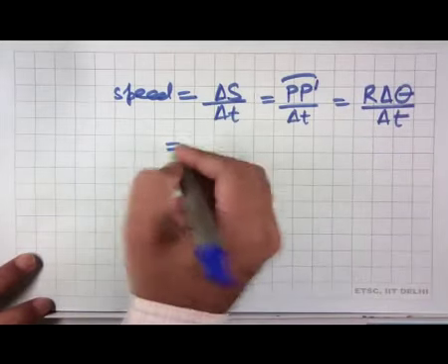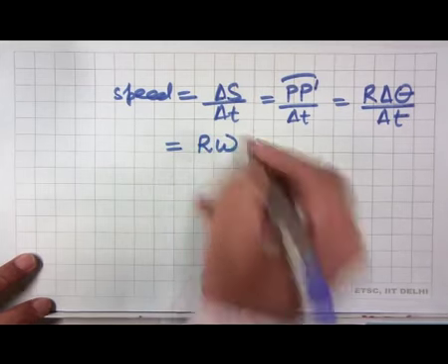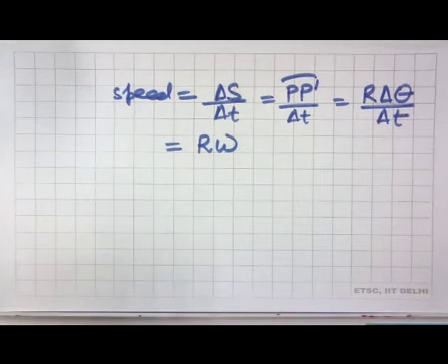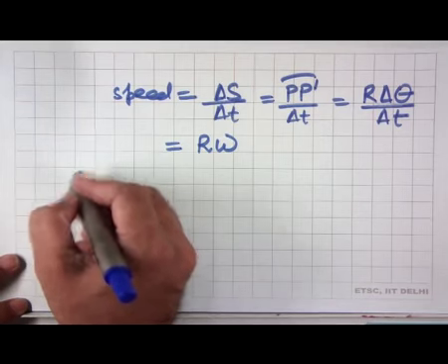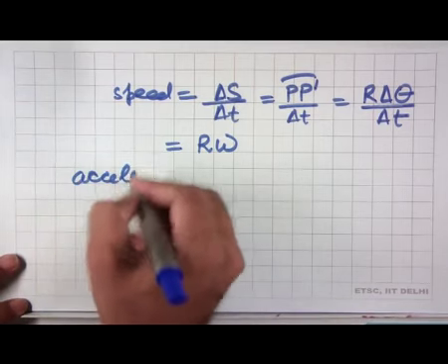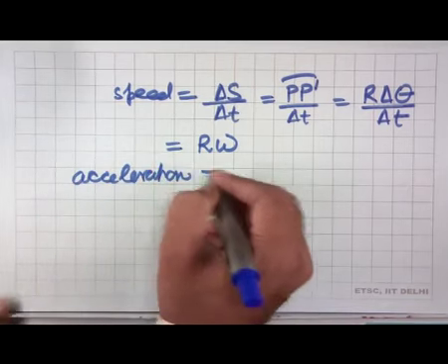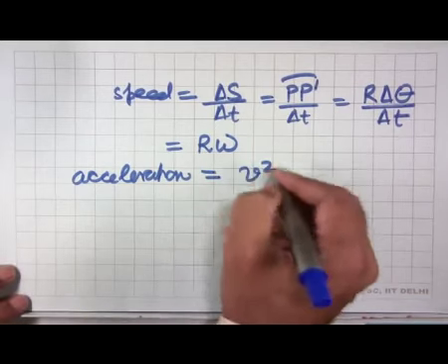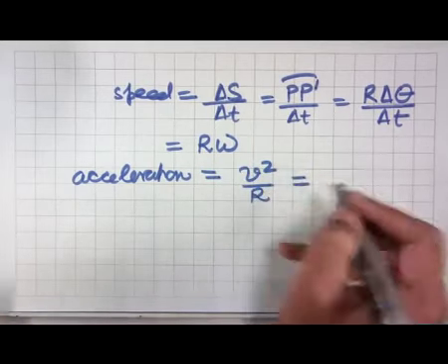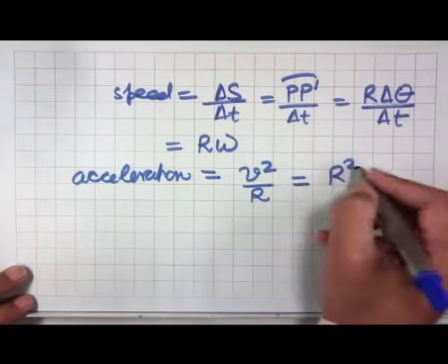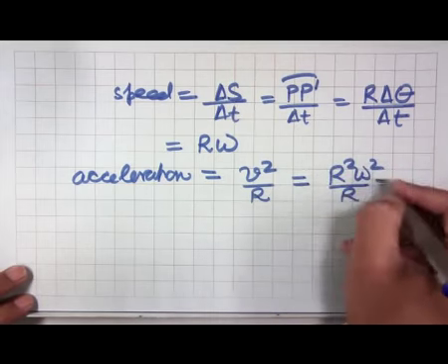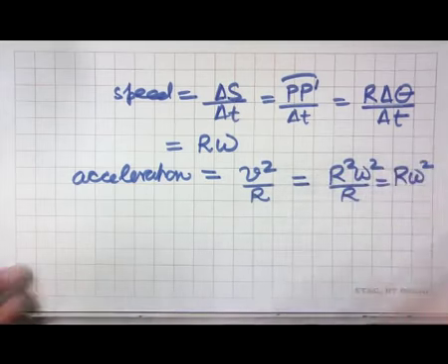So, we can see that the speed is given by r times omega. And if we look at the acceleration of the particle, this is given by v square upon r. So, this is equal to r square omega square upon r, and this is equal to r omega square.